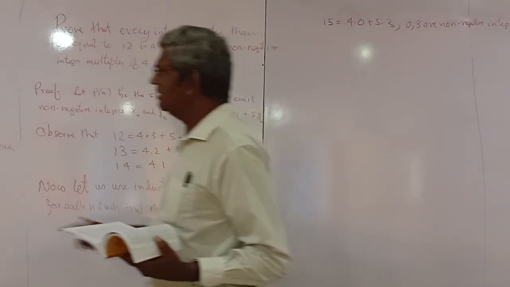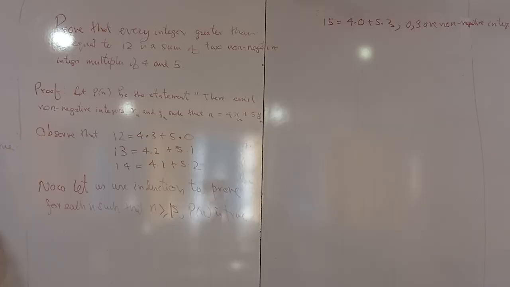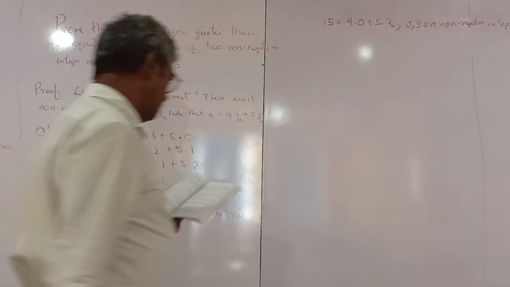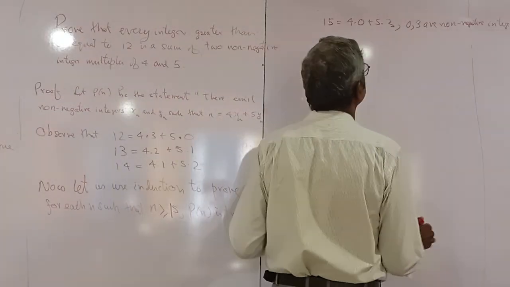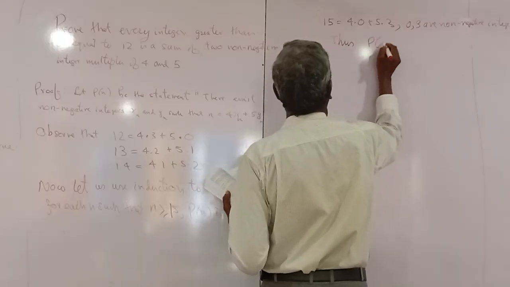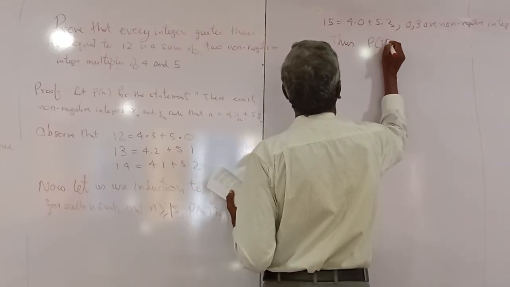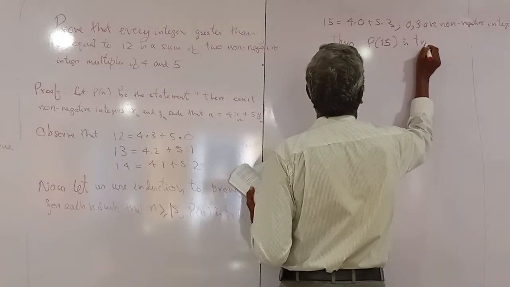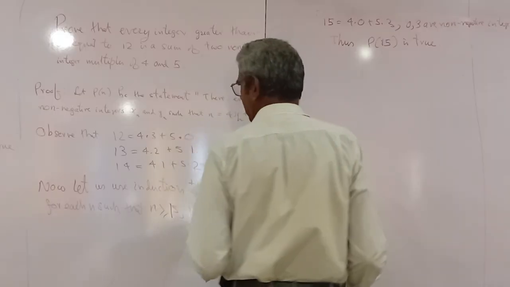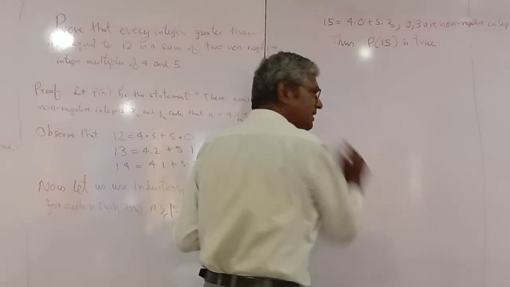So now, for each n such that n is greater than or equal to 15, I want to prove that if P_n is true, then P_(n+1) is true. Thus P_15 is true.